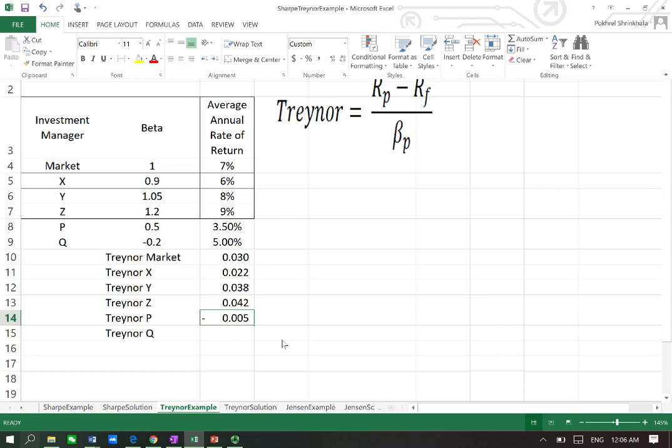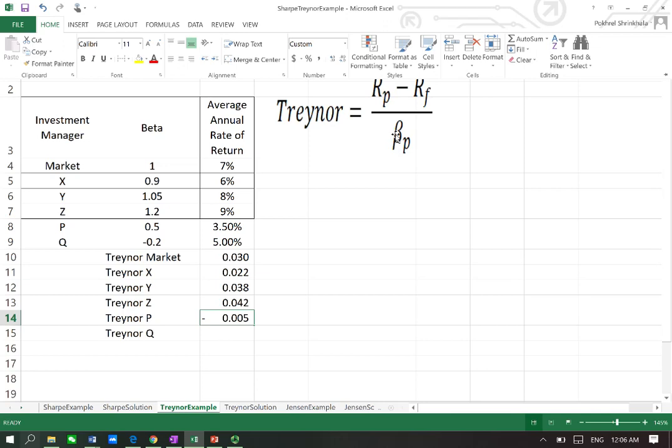Okay, so there could be two ways to get this negative Treynor. One, when the numerator excess return is negative. Another, when the risk represented by beta is negative.